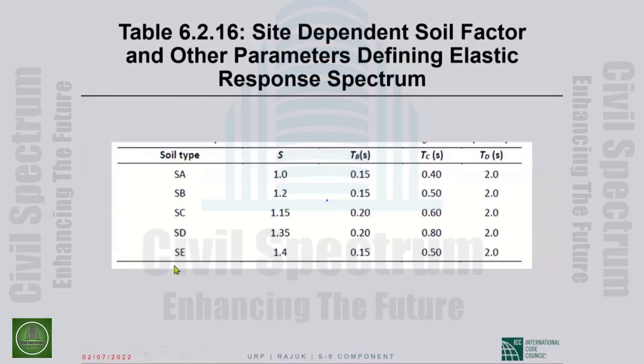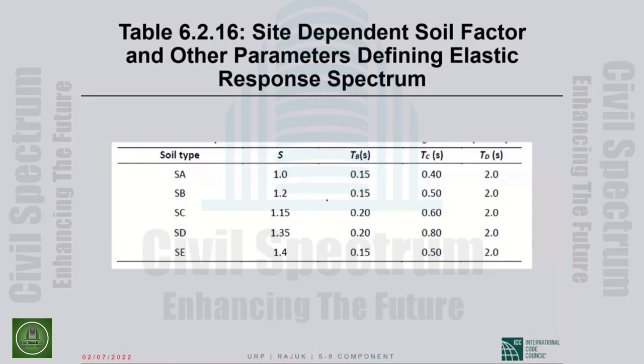So for the soil types 1, 2, 3, 4, 5, you have the S factors given, which are essentially the short period site coefficients, and you have those milestone transition points given.